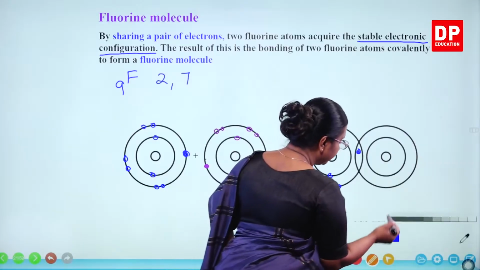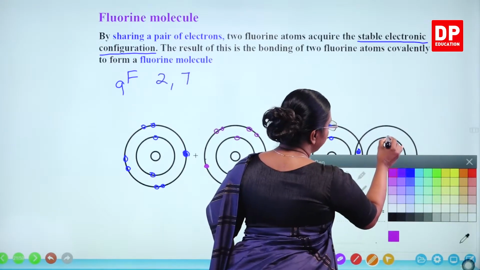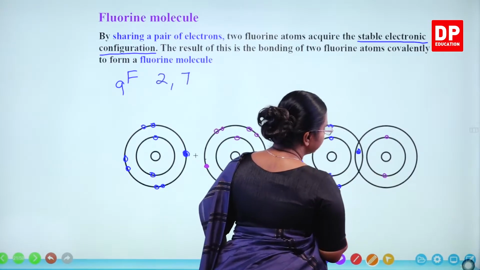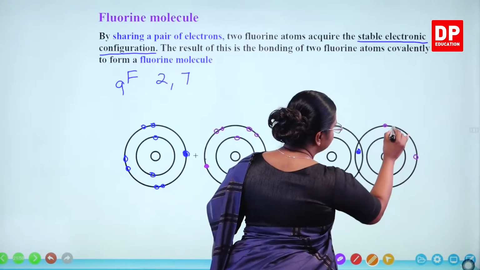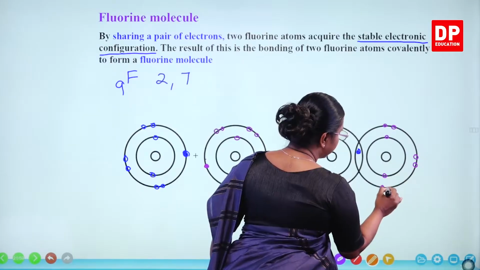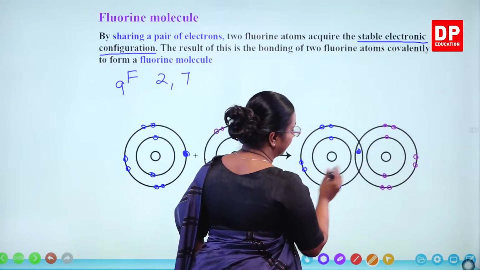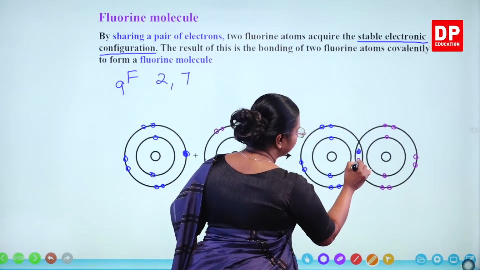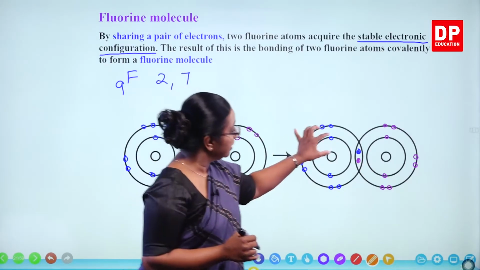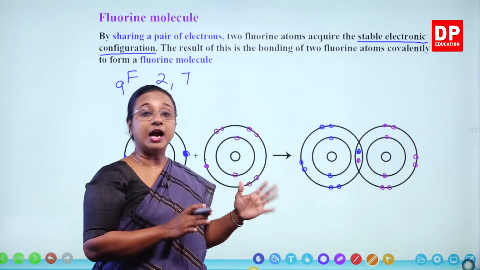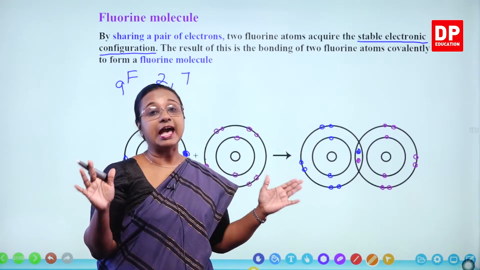Same goes for the second fluorine. So, here also there are 2 electrons in the first shell and there are 6 electrons in the second shell that are not involved in bonding. 1 electron forms the bond. Now, can you all see?